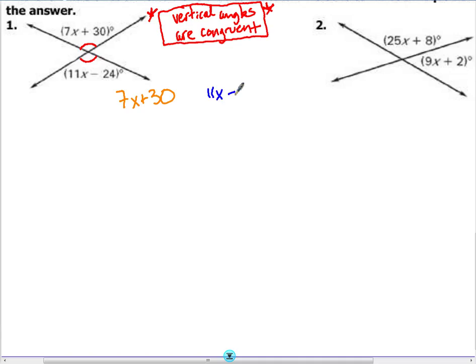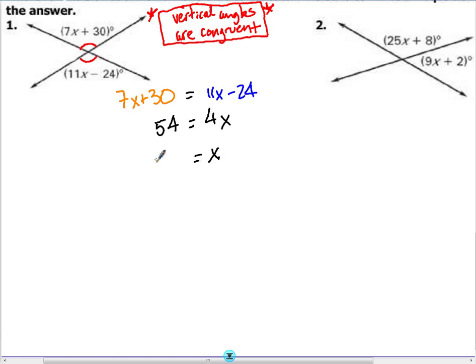Because vertical angles are congruent, we can set their measures equal to each other. So when I simplify this, I'll probably subtract 7x from both sides and add 24. What that ends up giving me is 54 is equal to 4x. And then I'm going to simplify that by dividing both sides by 4, and x equals a decimal of 13.5.